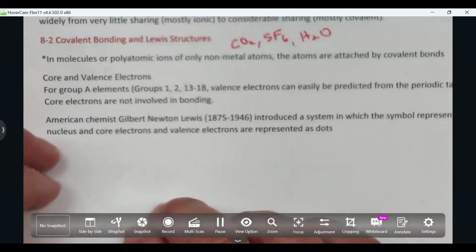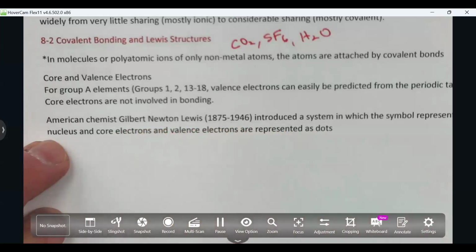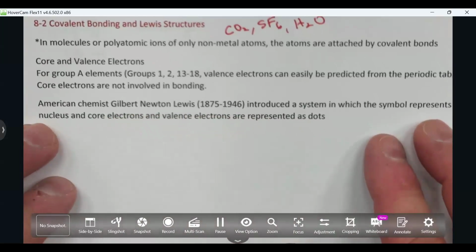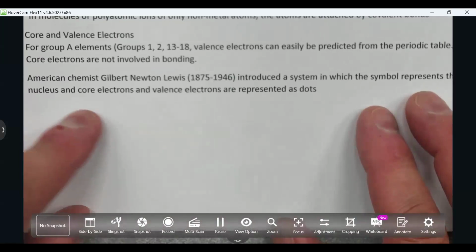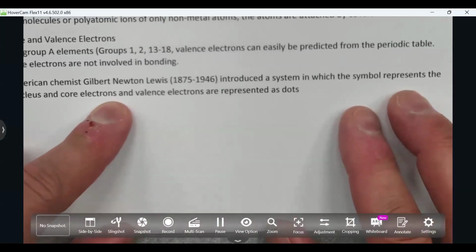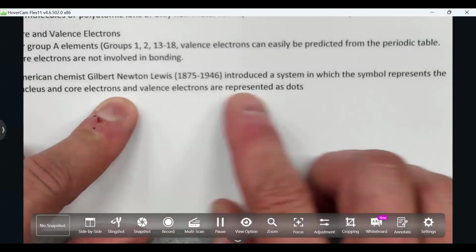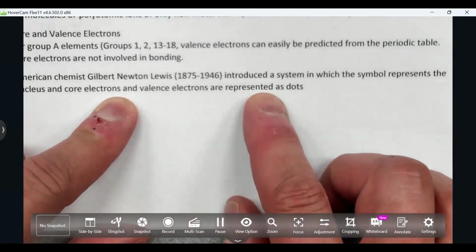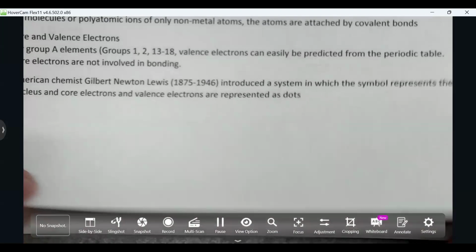American chemist Gilbert Newton Lewis introduced a system in which the symbols represent the nucleus and core electrons. That is the non-valence electrons. And the valence electrons are represented by dots. The symbol is the nucleus, protons and neutrons, and the non-valence electrons.